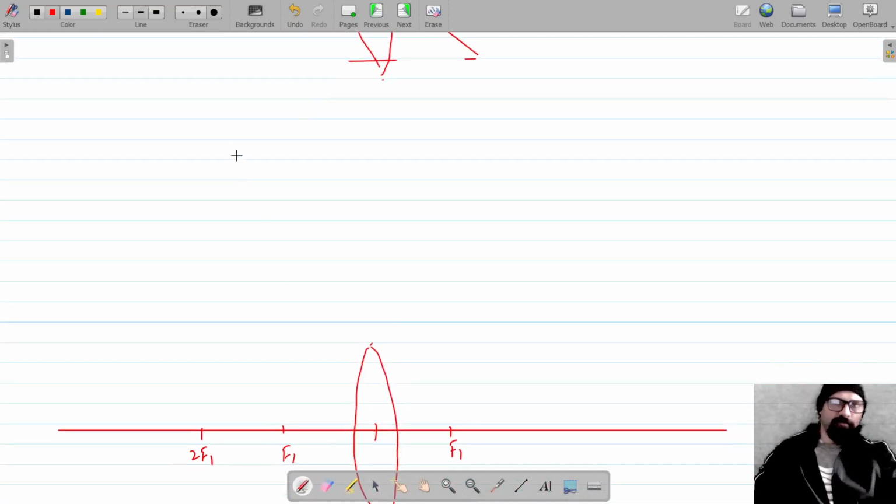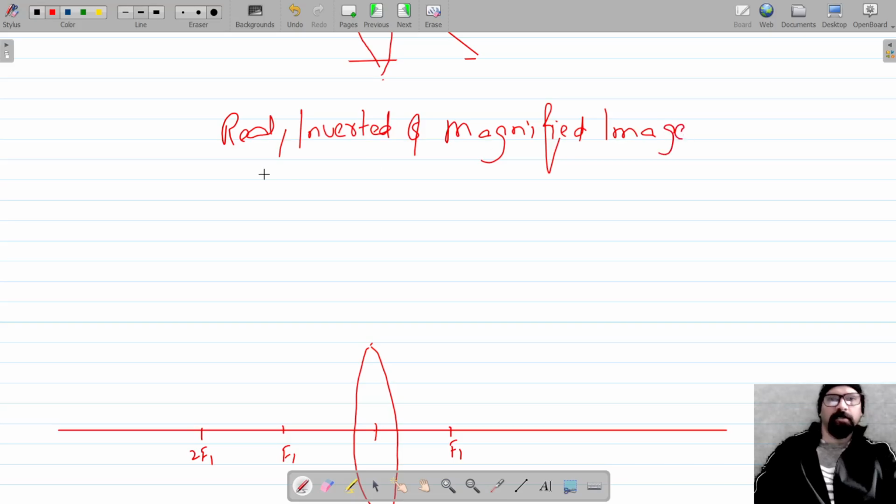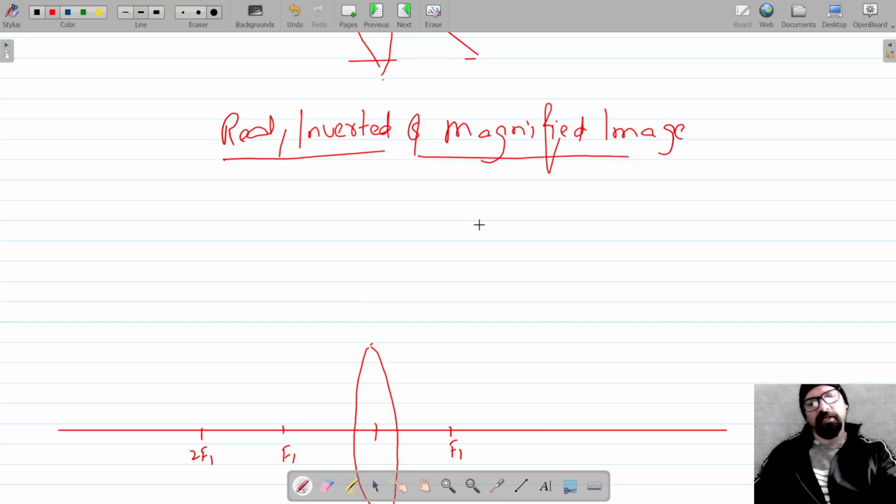So let's see what is the case for real, inverted and magnified image in case of a convex lens. It is formed when the object is placed at a distance greater than the focal length.